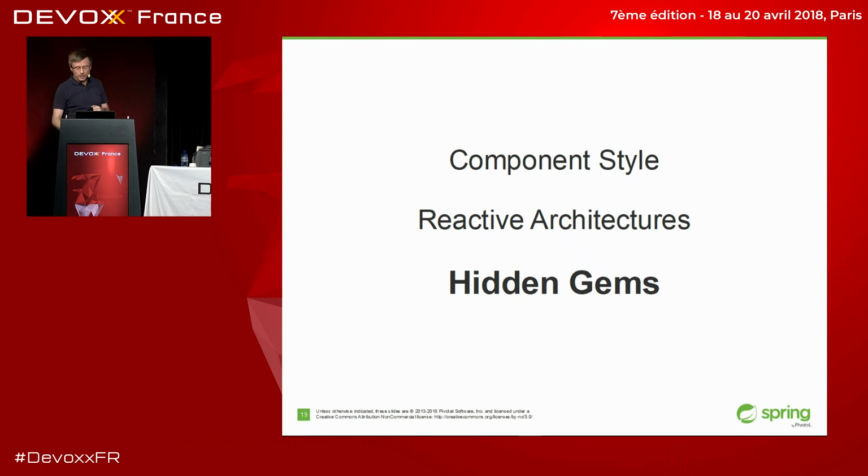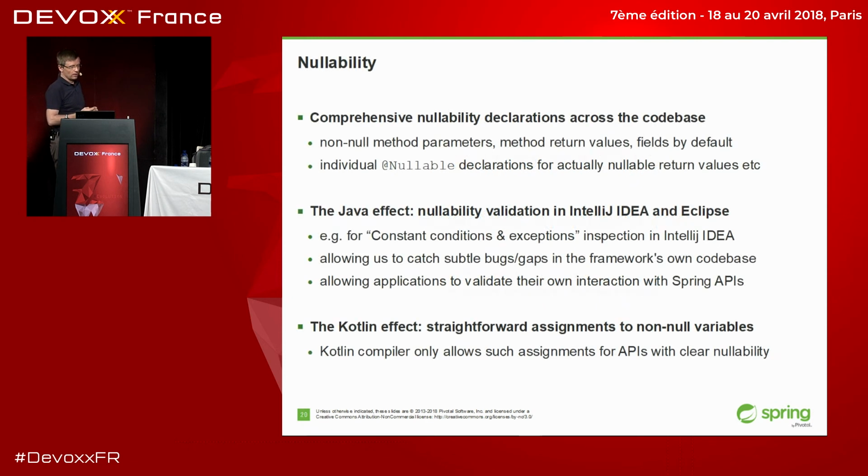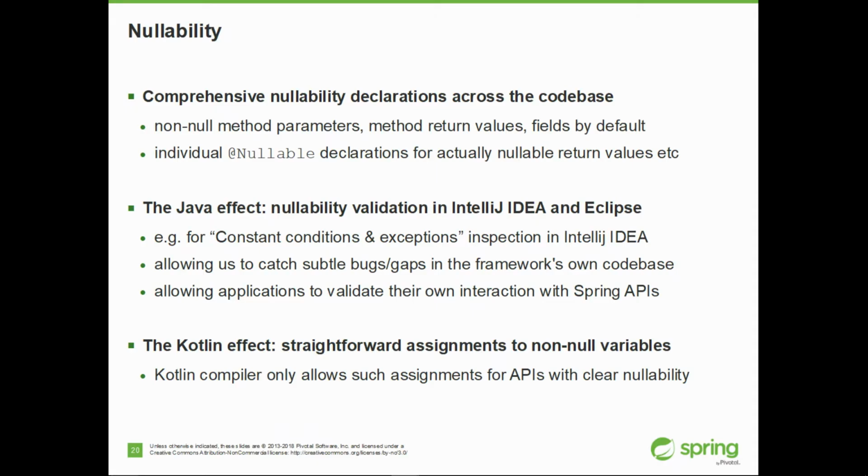I'll use the remaining few minutes to give you a few hints about what else we did. I've mentioned nullability. The entire Spring Framework codebase, in particular the API level, has @Nullable annotations now. Non-null by default, nullable where it's actually nullable, for incoming parameters and for outgoing return values. This is surprisingly useful.